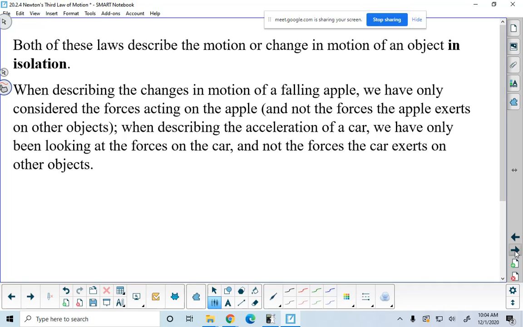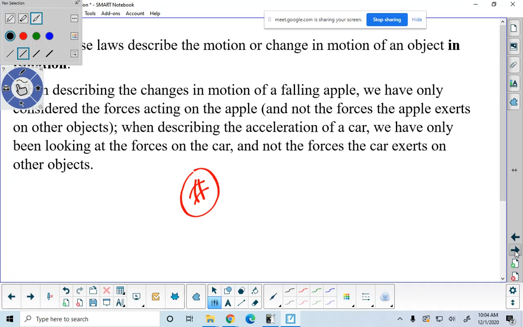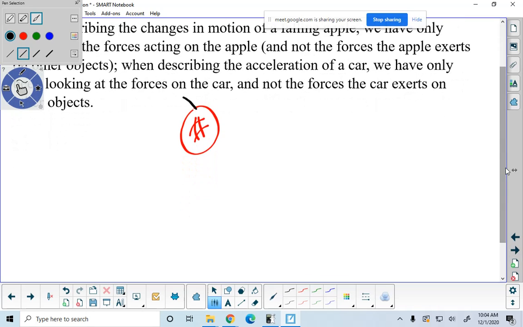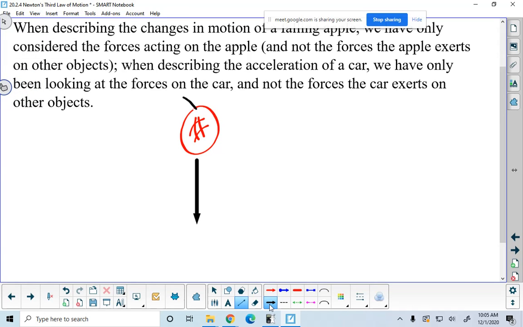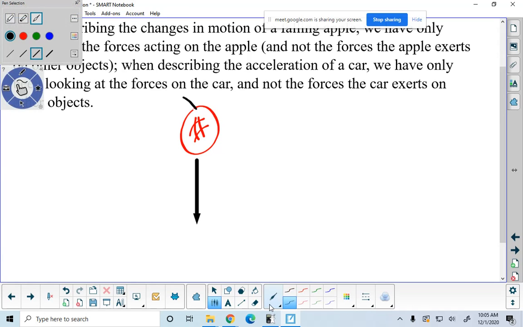So, for example, when I drop an apple, and because I'm not a very artistic person, this is the apple, when I drop that apple and it falls through the air, what we do when we analyze its motion is we draw forces acting on it. And there's really only one force. It's the force due to gravity that's acting on the apple. So we would say that the net force on the apple is the force of gravity.